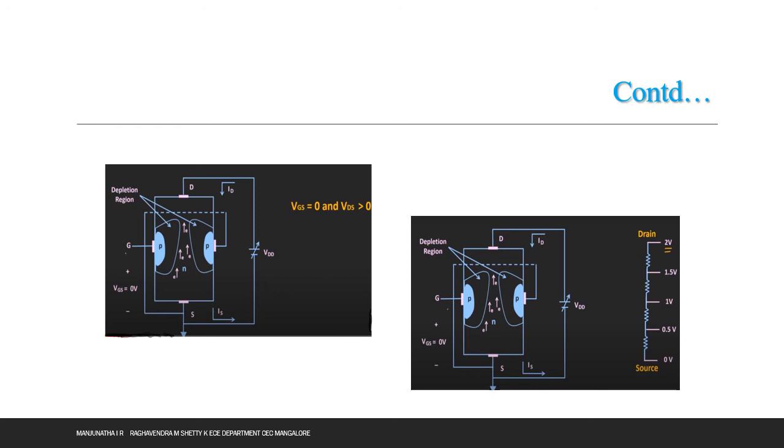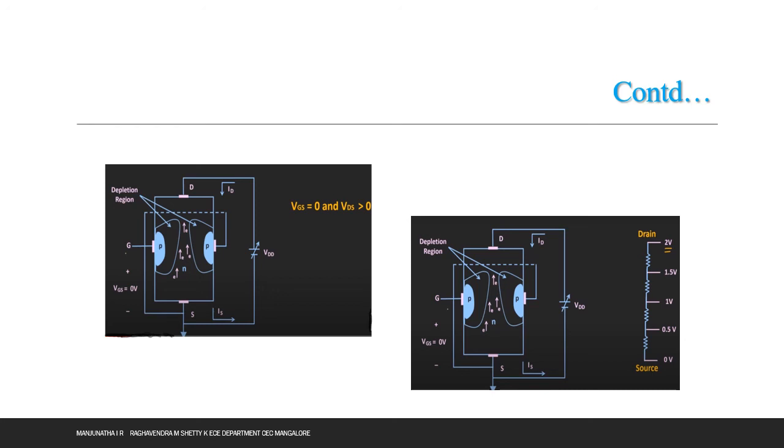Let's assume that we are giving some positive voltage across four resistors which are connected in series. Just observe the voltage drop across the first resistor, second resistor, third resistor and fourth resistor.